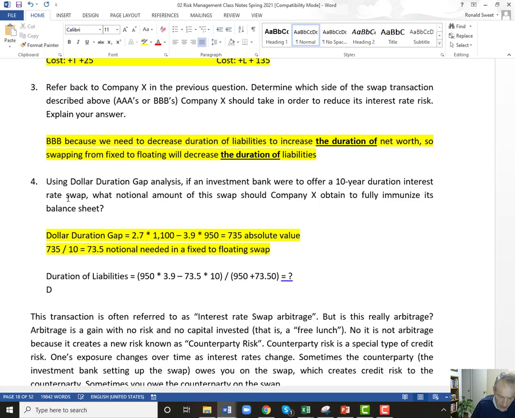You then get the duration of net worth. Y'all try it and tell me if it worked or not. Duration of net worth is going to be duration of assets, 2.7, minus the dollar amount in liabilities, that's 950 minus 73.50, divided by the dollar amount in assets, 1100. All of that times the duration of liabilities times leverage.